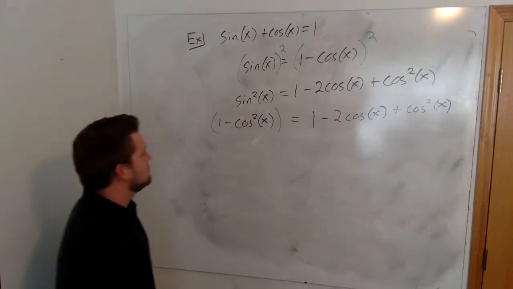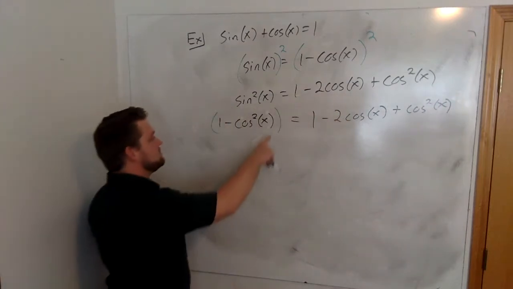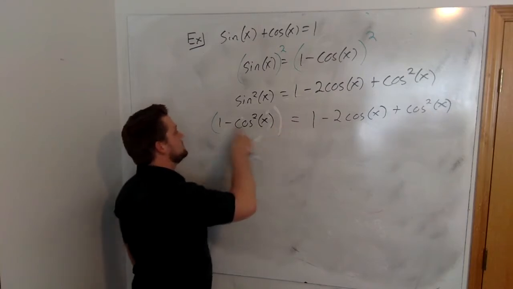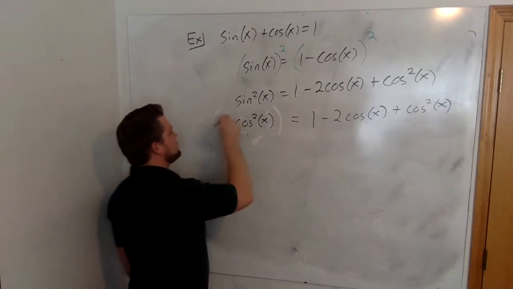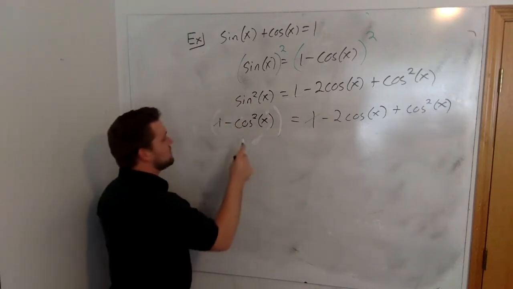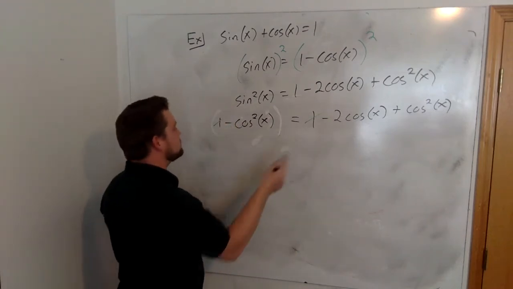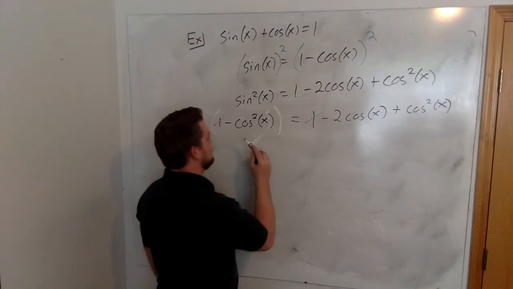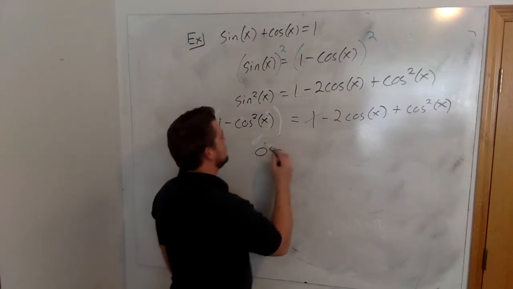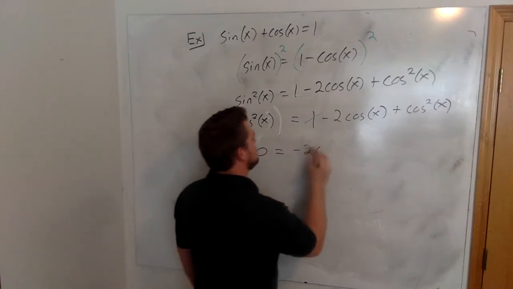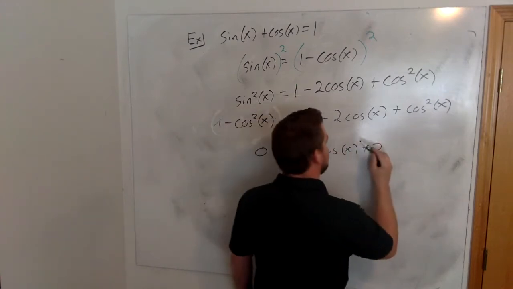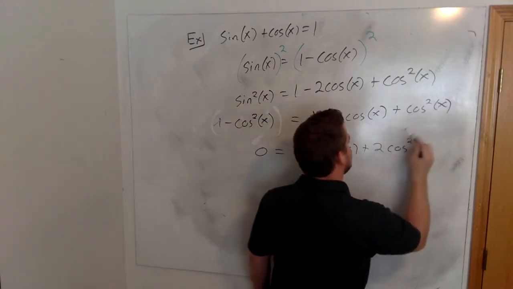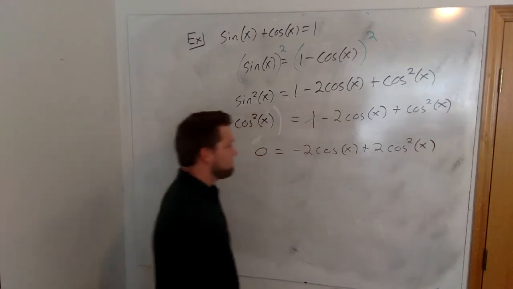Okay, so let's see here. These parentheses here aren't needed. Cross these out. We could subtract 1 from both sides, so these will cancel each other out. And we could also add cosine squared to both sides. So this would be 0 equals negative 2 cosine of x plus 2 cosine squared of x.